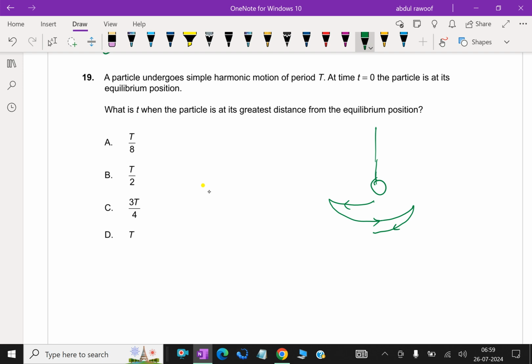Every quarter takes T by 4. So the extreme position, the maximum position, is reached after T by 4 plus T by 4 plus T by 4, totally 3T by 4.